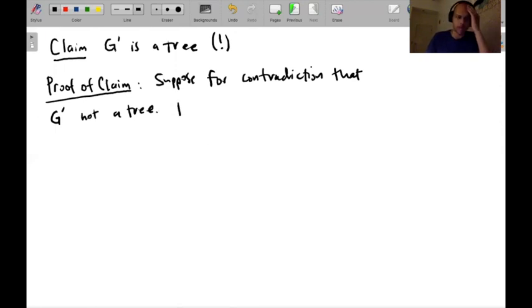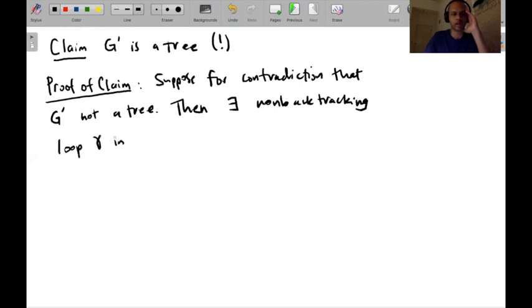By our characterization of trees last time, this means that there exists some non-backtracking loop, let's call it gamma, in G prime.